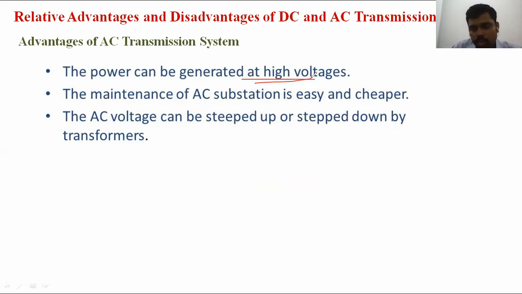That is, you can boost the voltage to 66 kV, 132, 220, 400 or 765 kV. The maintenance is also very, very easy, and the cost is also cheaper. The substation cost is also simple. Step up and step down is possible. But in the DC system, these are all drawbacks.